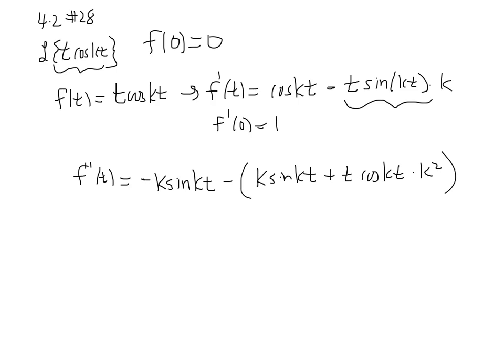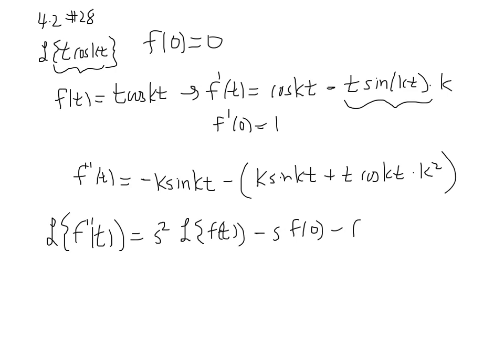Now we use our rule that says the Laplace transform of the second derivative is s squared times the Laplace transform of the original function, minus s f at 0 minus f prime at 0. But of course this one's 0, and that one there is just 1.